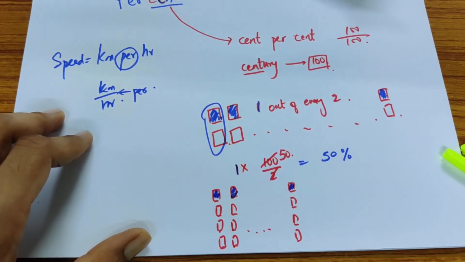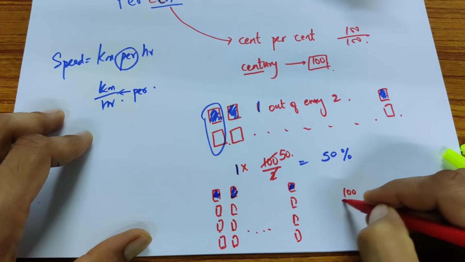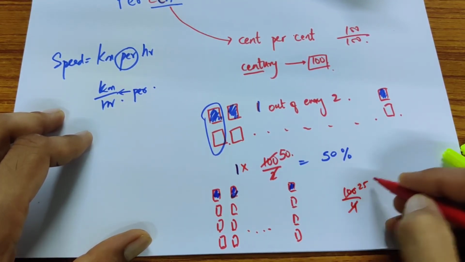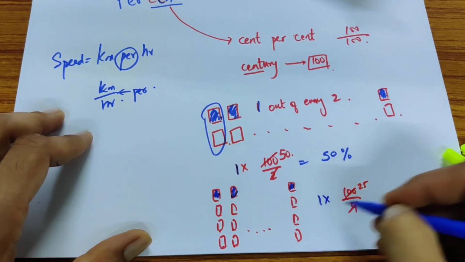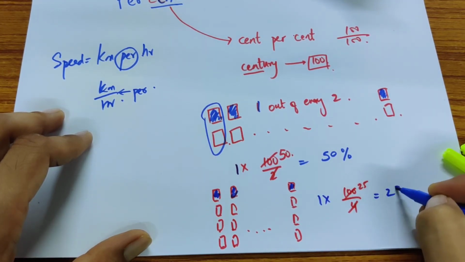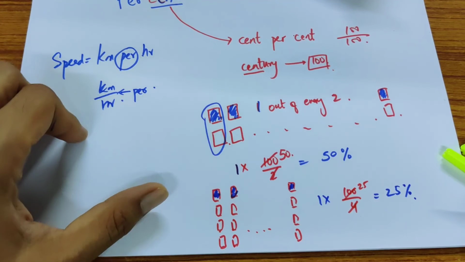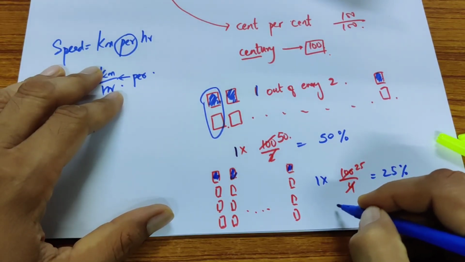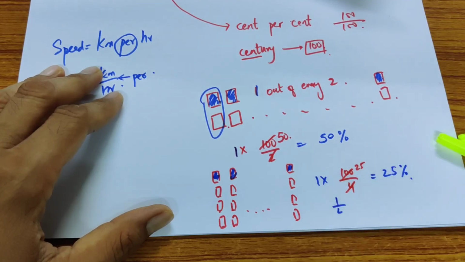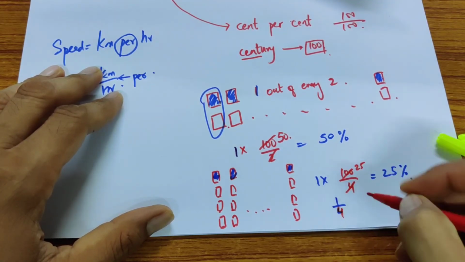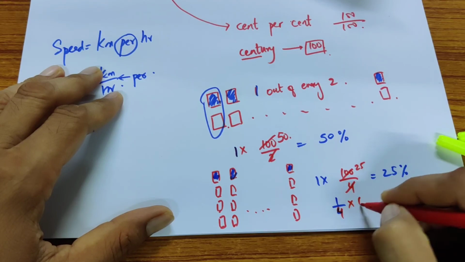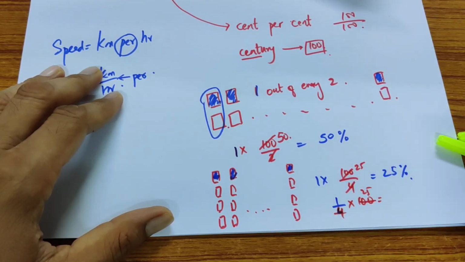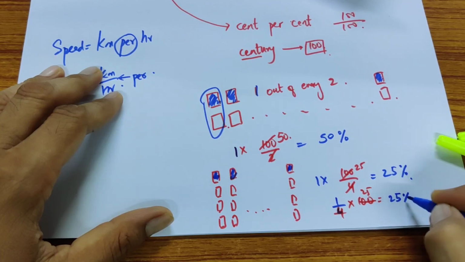So how did I get 25? 100 divided by 4 each, so that's 25. That's 25%. So this is basically taking the fraction that we have, for example, in this case, and multiplying it by 100, which will essentially give you your 25%.